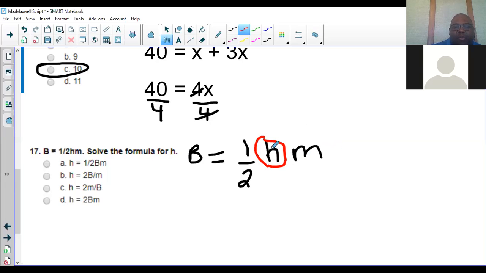Am I dividing? Am I multiplying? What is M doing to H? Okay, you're right. So what's the opposite of multiplication? Division. So I got to divide to undo multiplication. Whatever I do to one side, I do to the other side.